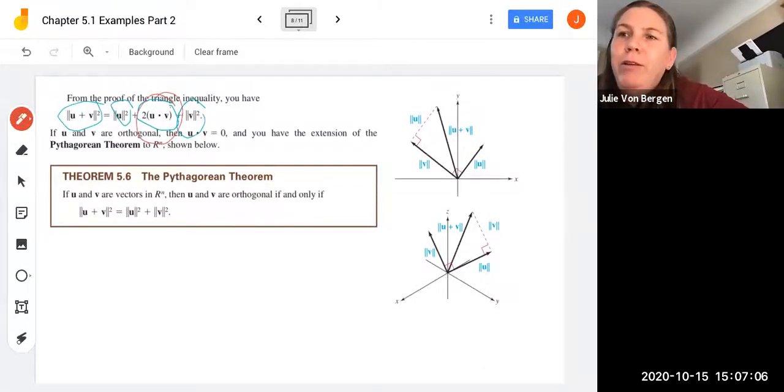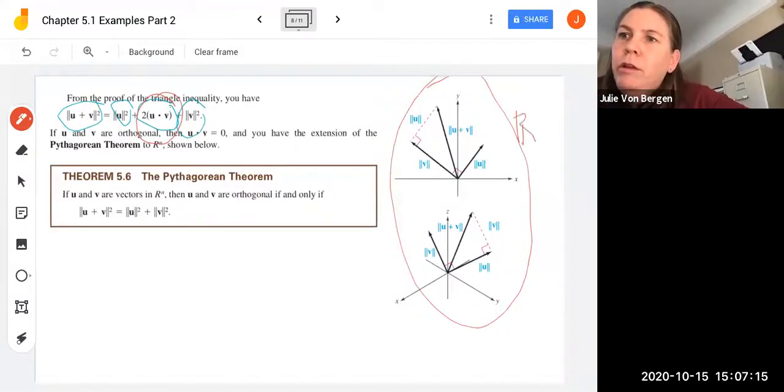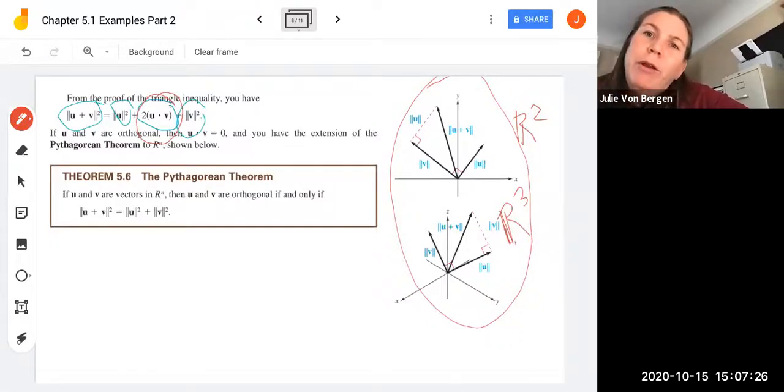When you've got a right angle, like we see over here in the two diagrams at right in 2D and 3D. So this is R2, and this is R3 down here. So when the vectors are orthogonal, we get 0 in the middle, and we get good old Pythagorean theorem.